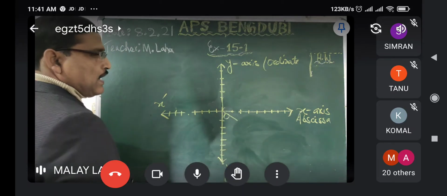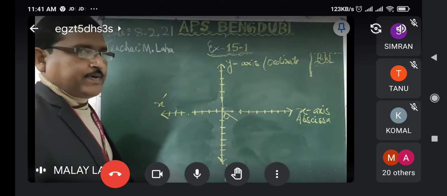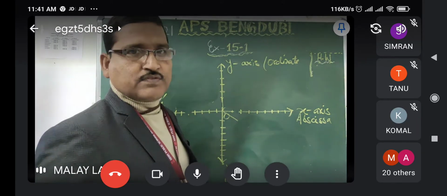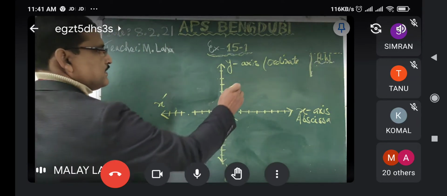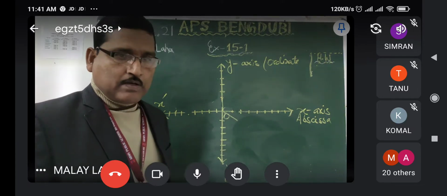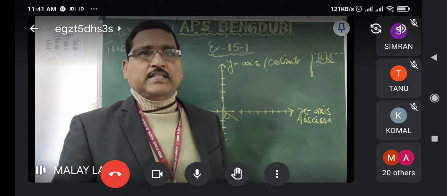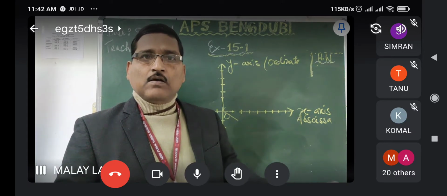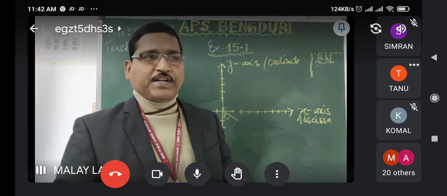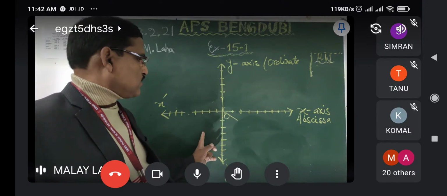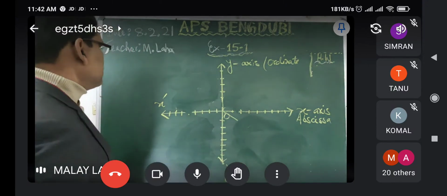Whenever the points are given, first value is for the x-axis and second value is for the y-axis. This quadrant first, second, third, fourth. In the question paper, I will say this point lies on which axis? Lies on dash. So you have to locate the quadrant. Each corner is called a quadrant. First quadrant, second quadrant, third quadrant, fourth quadrant.